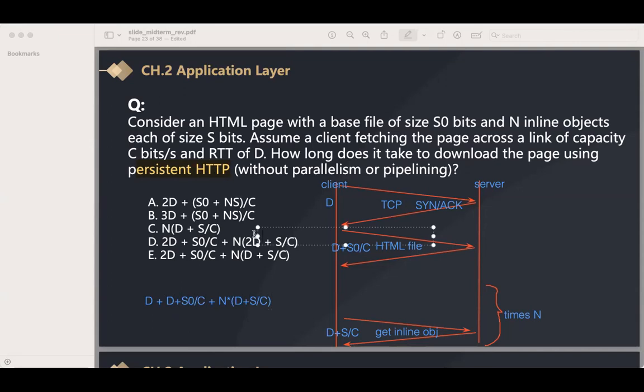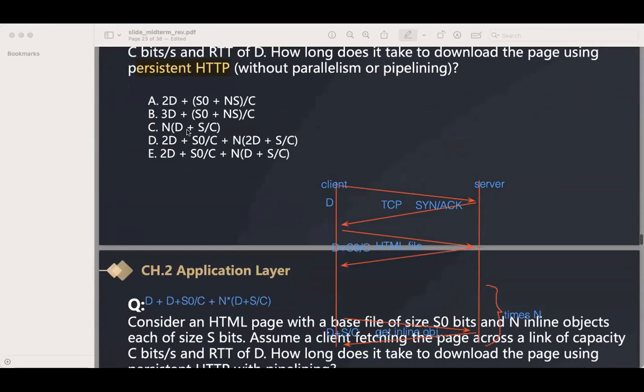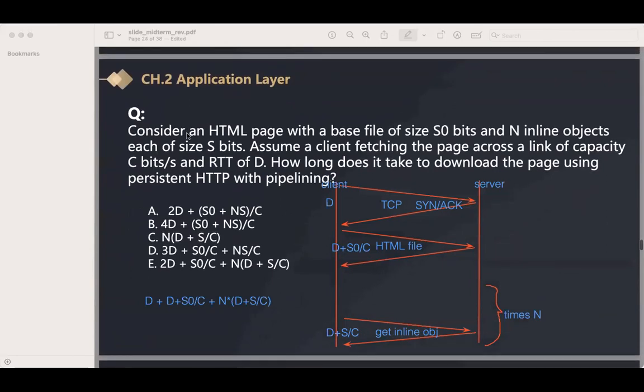And finally, we come to the last question. This time we are using persistent HTTP with pipelining. So what is the pipelining here? As we mentioned before, pipelining allows us to send lots of requests at the same time, right?